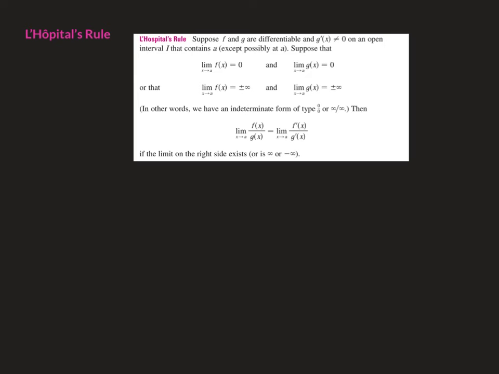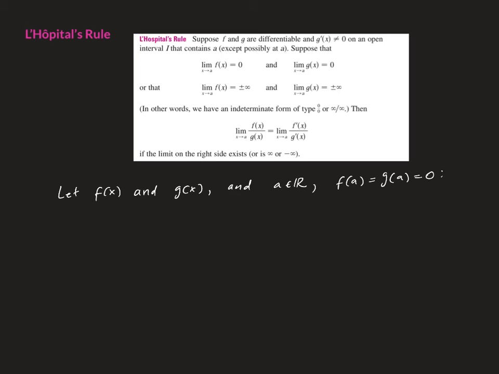But what we can do is give a very soft proof of L'Hopital's rule for a particular case. Let f of x and g of x be functions and a a value in the real numbers such that f of a is equal to g of a, and that's going to be 0.